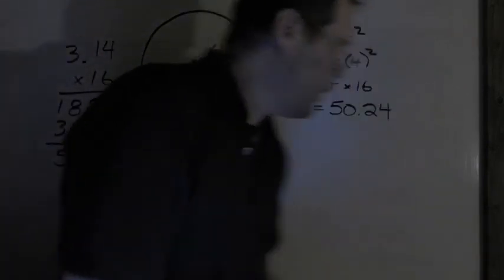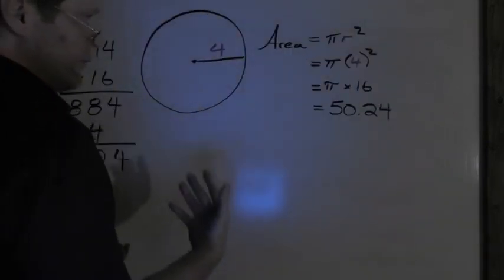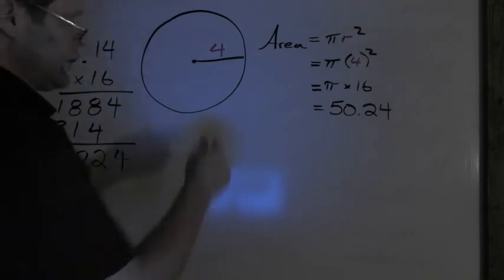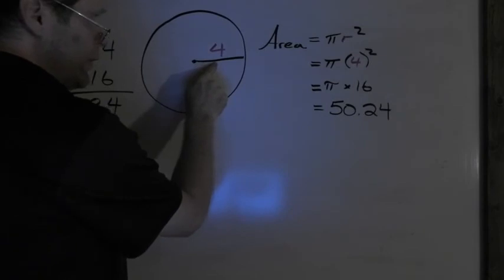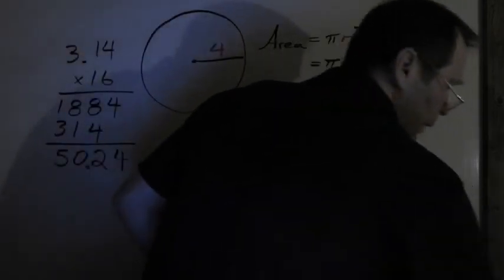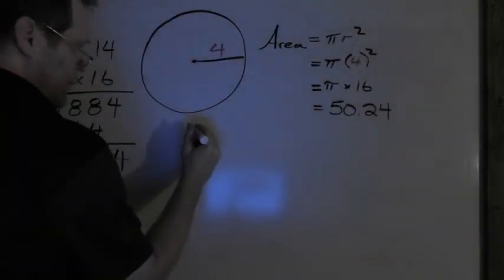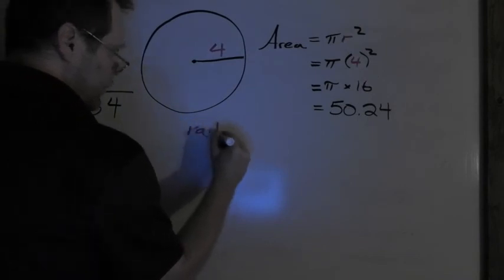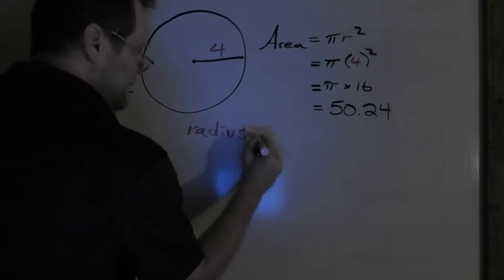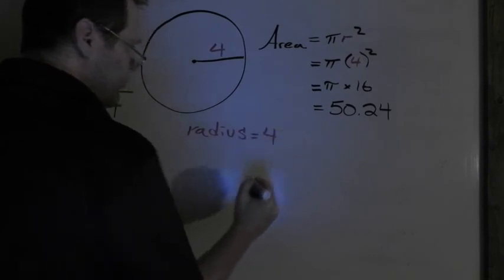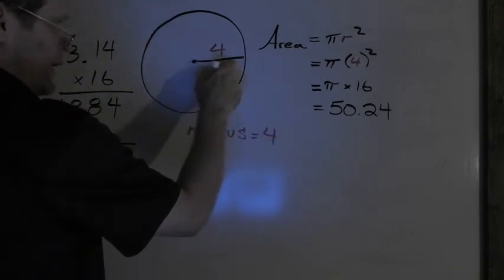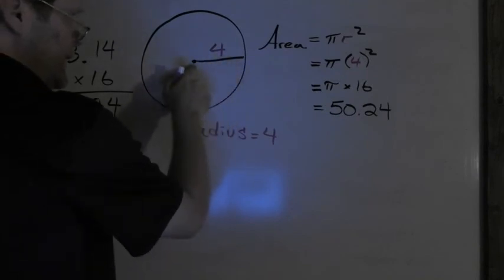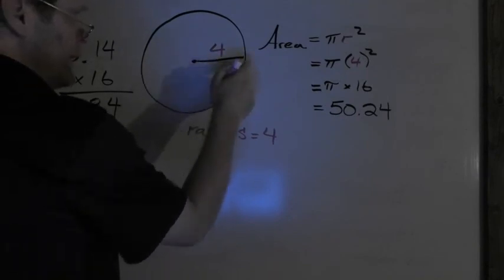Once again, walking through this, we wanted to find the area of a circle. Here's our radius. We know our radius is 4. So I'm going to write radius equals 4. The radius goes halfway across the circle, from the very inside to the outside.